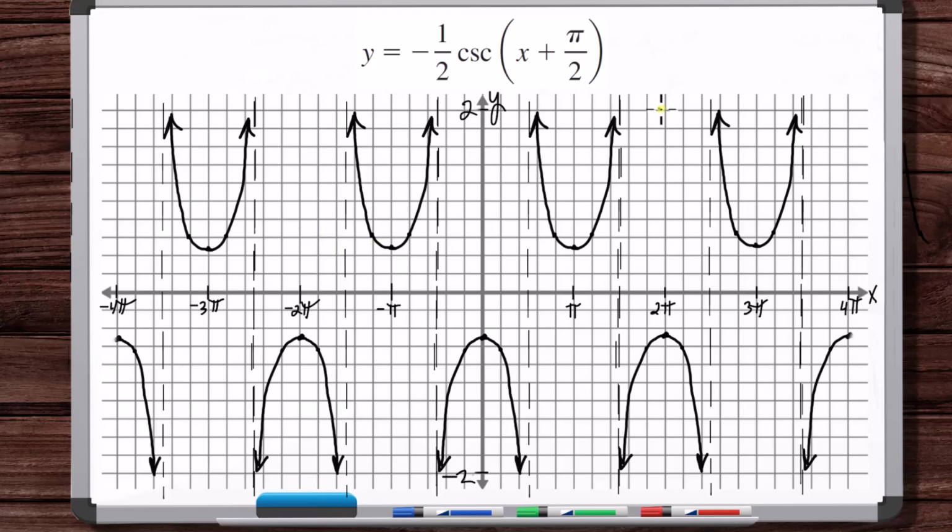But again, the reciprocal of cosecant is sine, so we could do minus 1/2 sine of x plus pi over 2, and that would be like this.